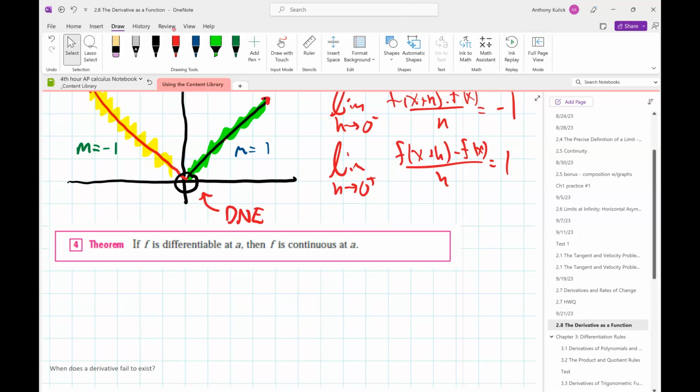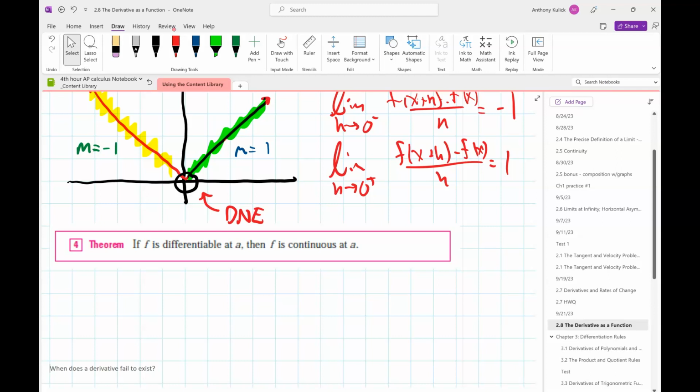If a function is continuous somewhere, it does not make it differentiable there. Our canonical example is absolute value of x. Continuous at 0, not differentiable at 0. But if it's not continuous, then it's not differentiable either, right? Correct. If you don't have continuity, you can't have differentiability. That's the contrapositive, excuse me.